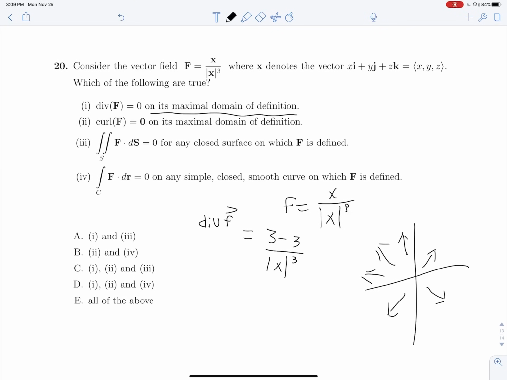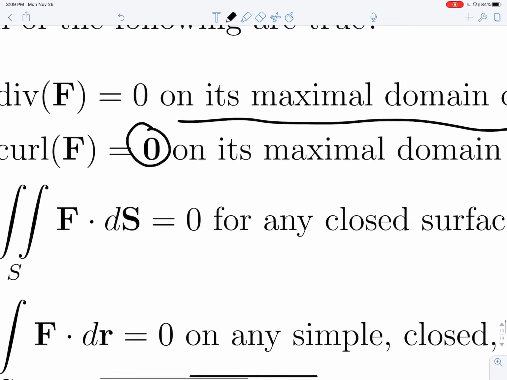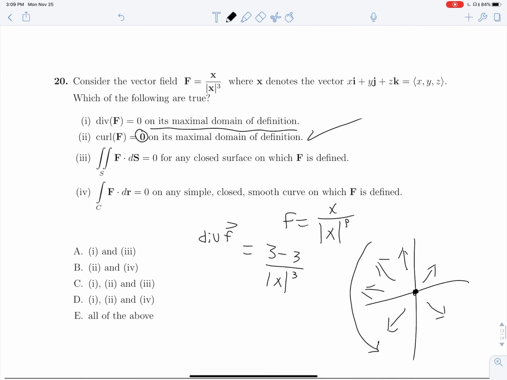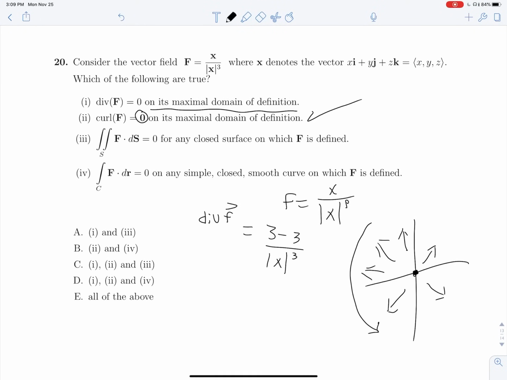There's a point source in here and nothing working to swirl things around otherwise. So our curl will be 0 on our maximal domain of definition, and I'm not sure why they bolded this 0 here.